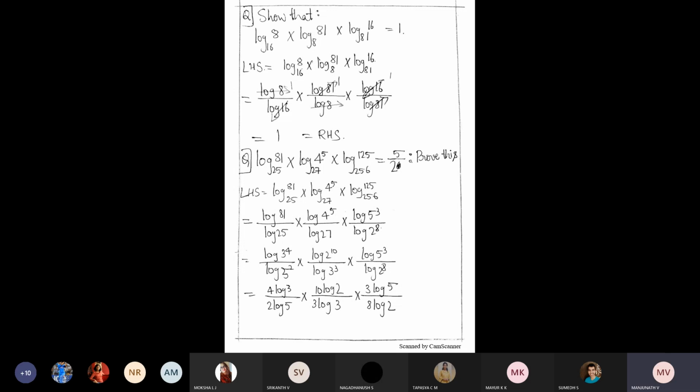Yeah, right. I think it needs no more explanation. Very simple, one step. I'm making it so you use the laws at your ease, at your fingertips. Moksha, how is your learning level now with regard to logarithms? You can use the laws, right? Quickly.